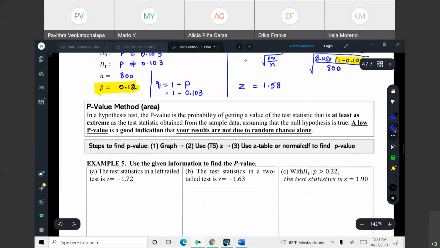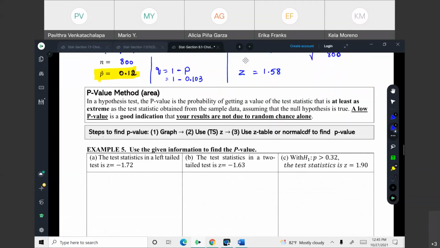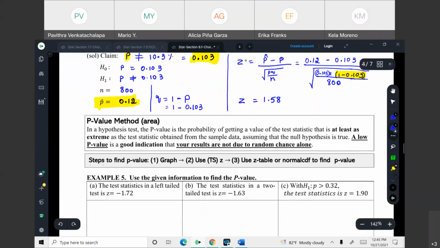Okay. Next is the p-value, and p-value here is also called area. Now, for area, you had two notations. One was alpha, and now you have p, right? Both are called area. Now, what is the difference? This is the area for the critical region, and this is the area for the TS, test statistic.